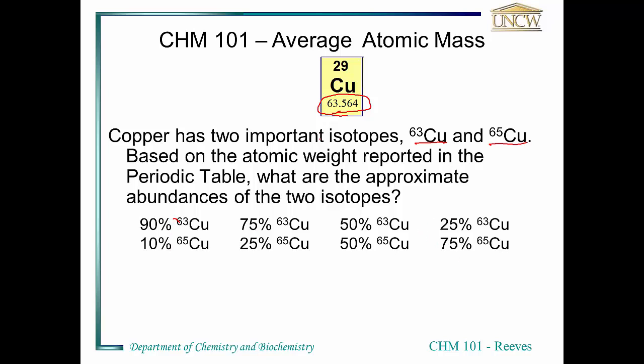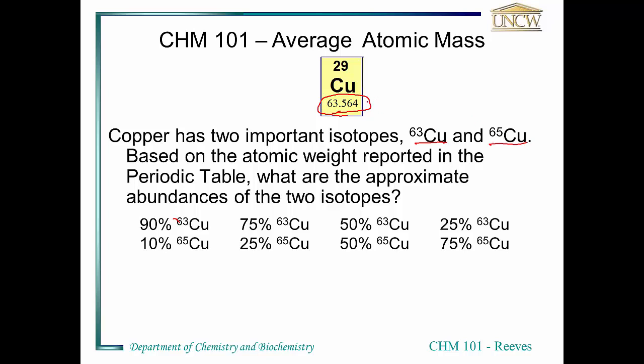Now, to do a problem like this, we need to take two pieces of information and combine them to solve the problem. But before we do that, let's look at the problem from the standpoint of what's likely to be the answer. Notice that if equal amounts of copper 63 and copper 65 were present in a sample of copper, you would expect the average atomic weight to be right in the middle or at exactly 64.